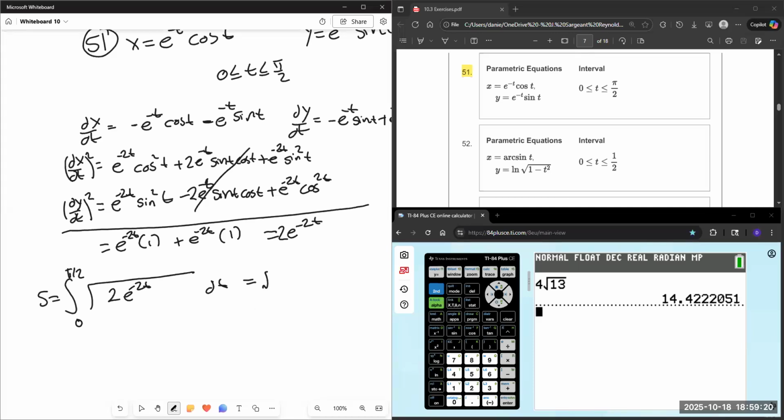So that is root 2, integral 0 to pi over 2, e to the negative t dt.